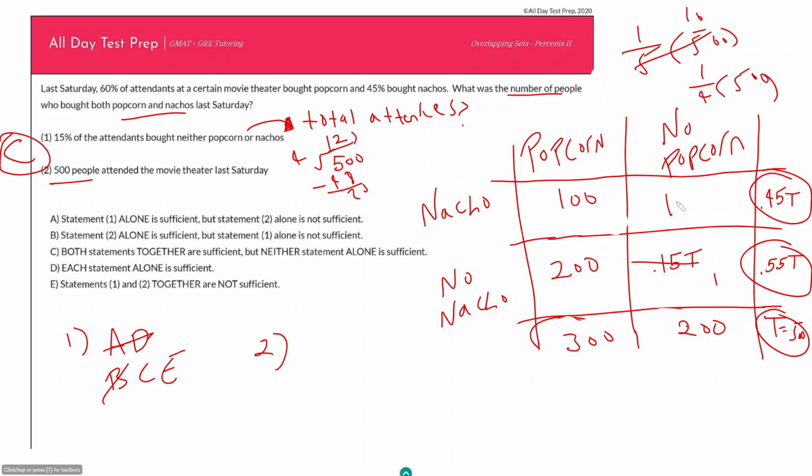So 125 here, which means 75 here. So far, everything looks like it adds up. So 225 here. 225 over 500 is 45%, so that checks out. And this should be 275.